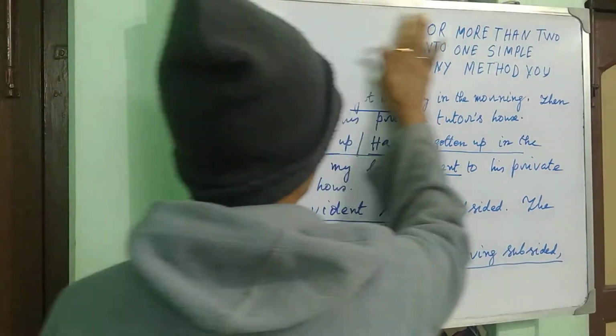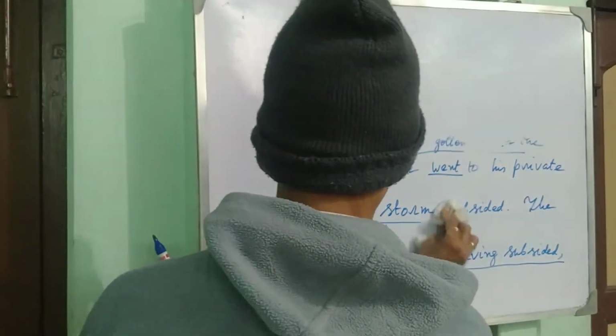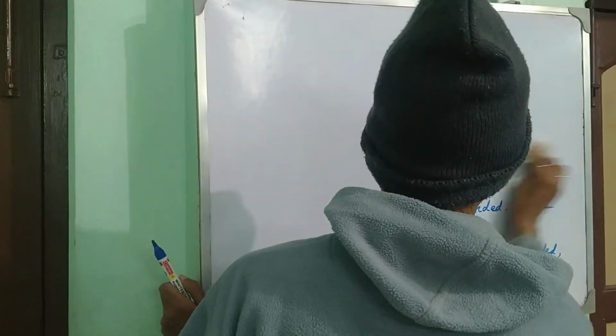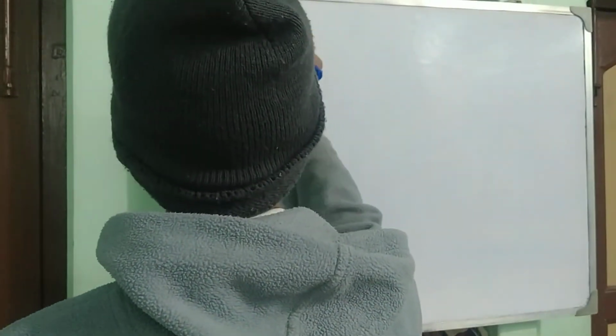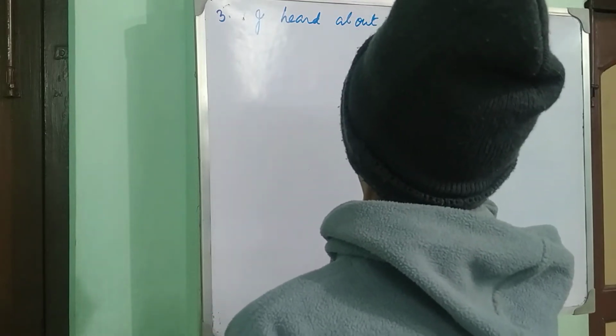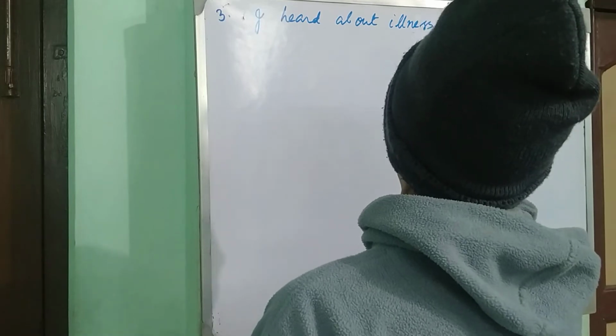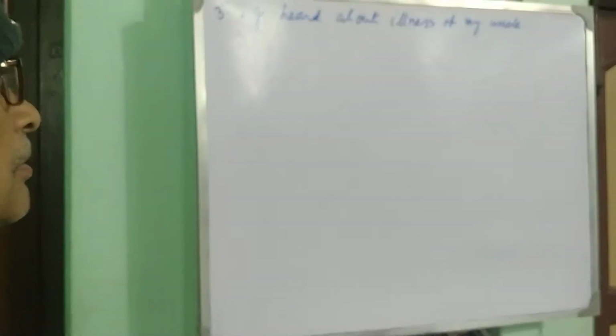Now come to another sentence. For example, number 3, I heard about the illness of my uncle.